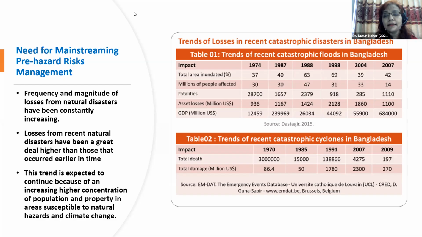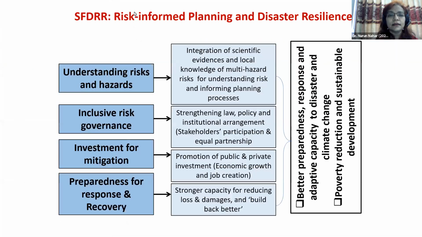Even recently, in 2017, 18, and 19, we've had cyclones and floods. In 2017, we had floods in North Bangladesh, and we had another cyclone called Amphan that did cause some damage to properties and livelihoods. So there is a trend. We will be facing these disasters, and because of climate change, they will be more frequent.